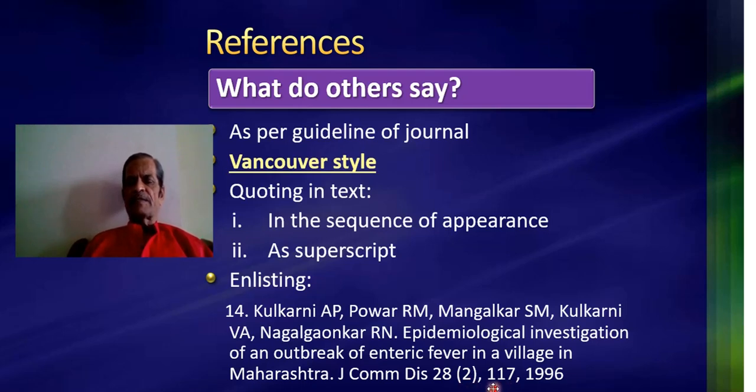Then 117, this number is the first page number of this article which has appeared in the journal. So this is the first page, and this is the year of publication. So this is how the Vancouver styling of referencing goes. There are certain softwares which can help you in citing the references and enlisting the references.